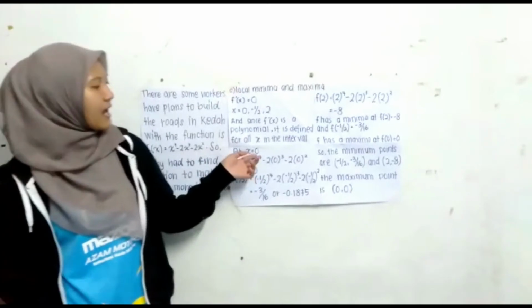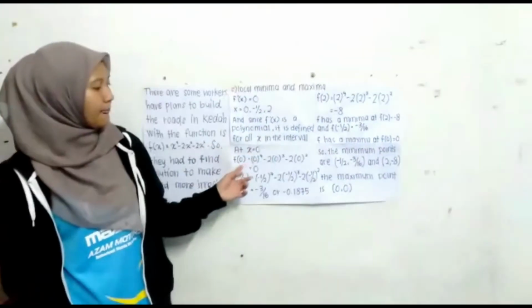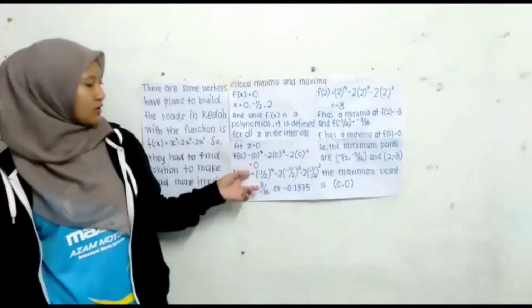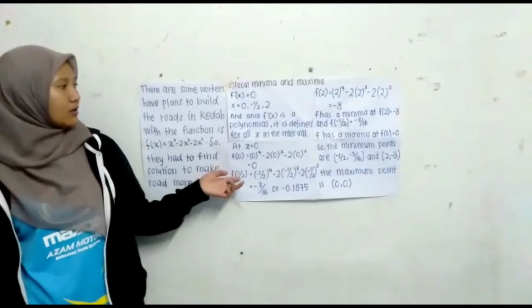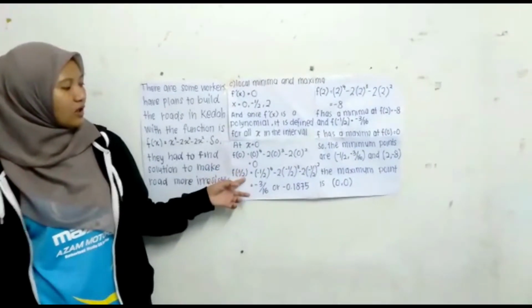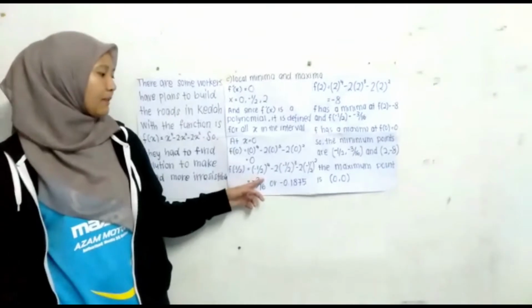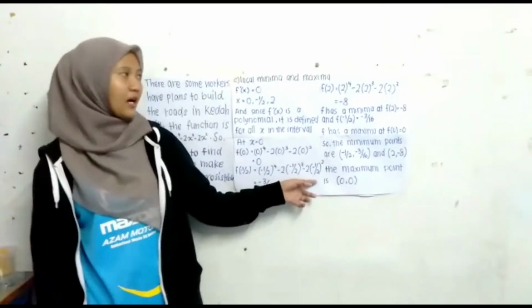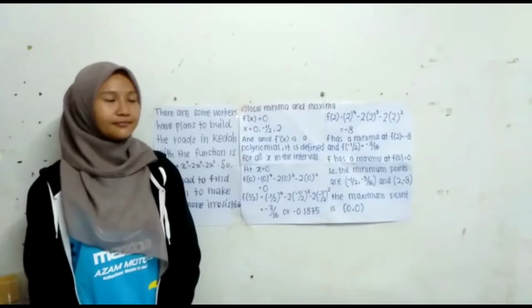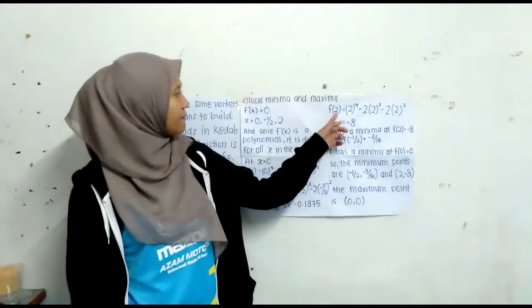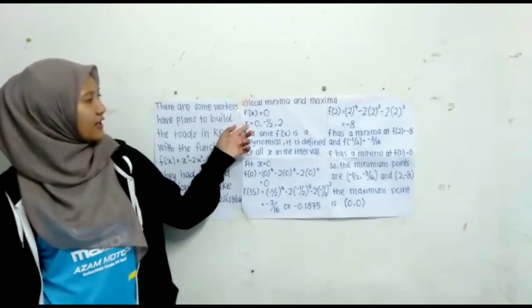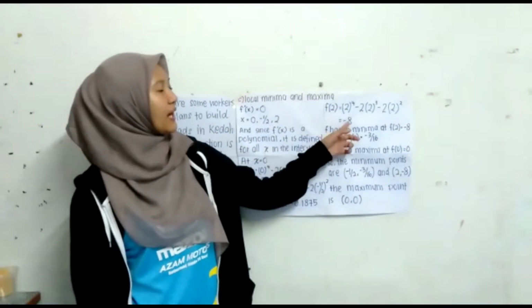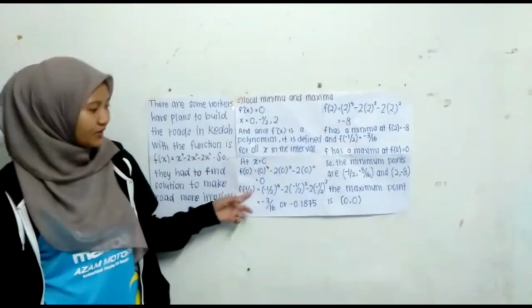At x equal to 0, we get 0. For x negative 1 over 2, we get negative 3 over 16 or negative 0.1875. And for the value x equal to 2, we get negative 8.